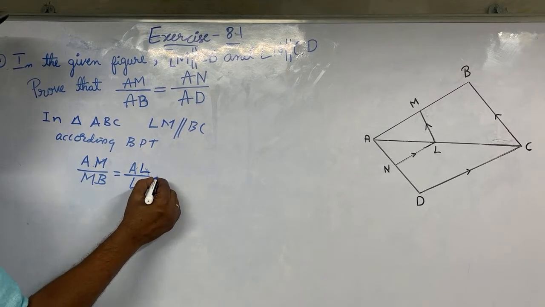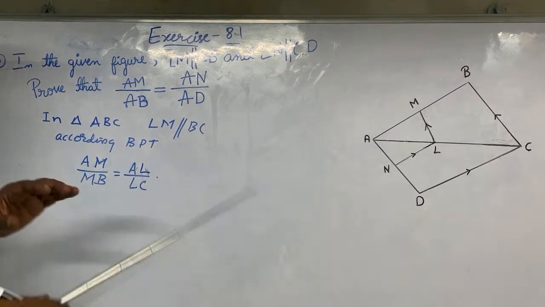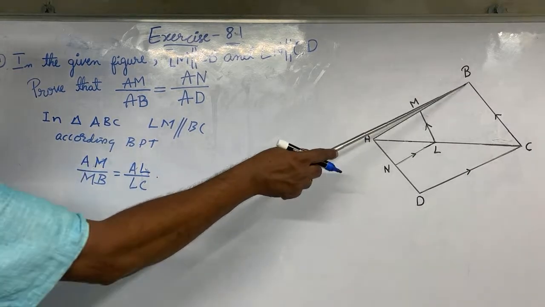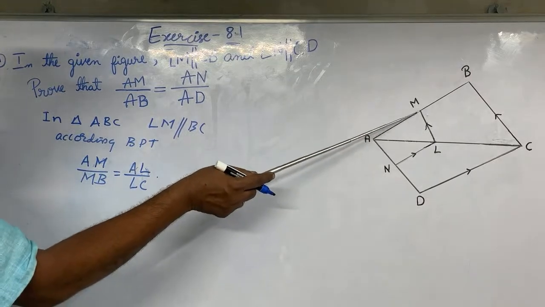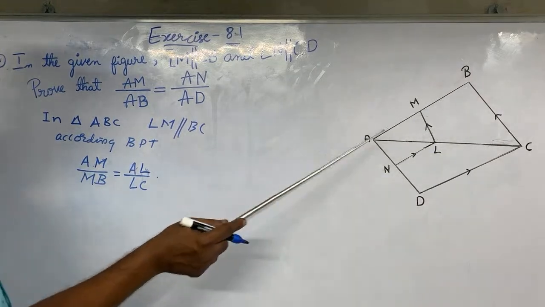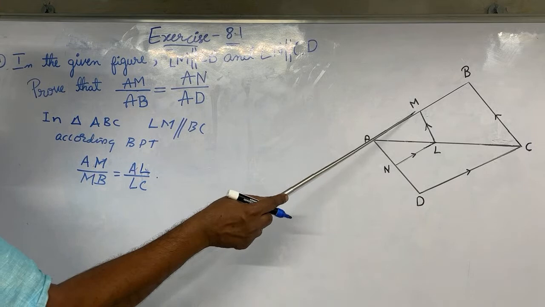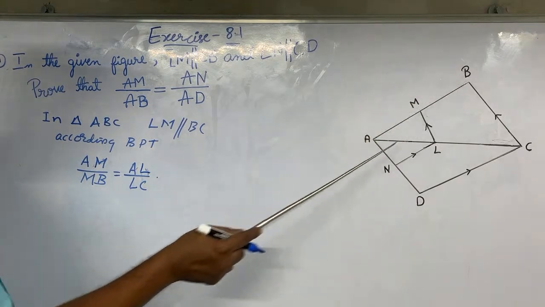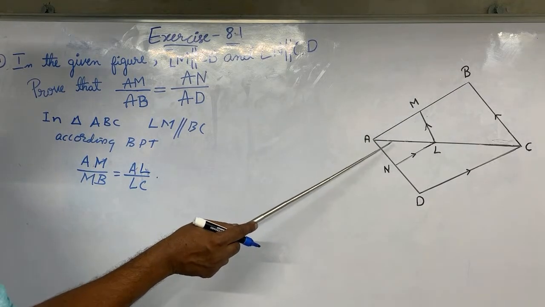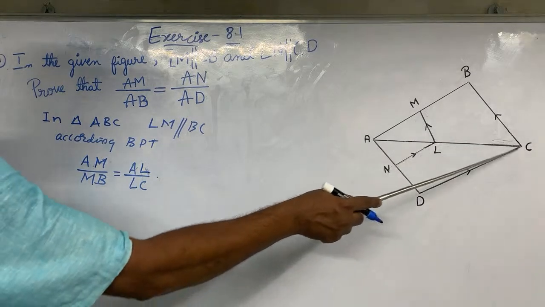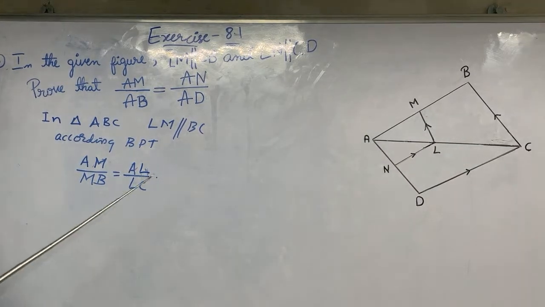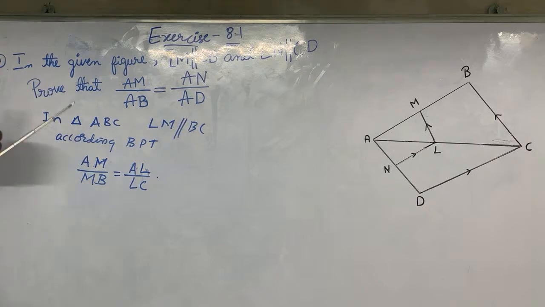This is the ratio we will get. If LM is parallel to BC, automatically AM by MB equals AL by LC. Very simple to see. Now here we got the ratio.